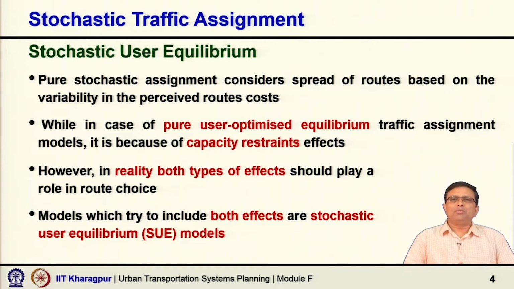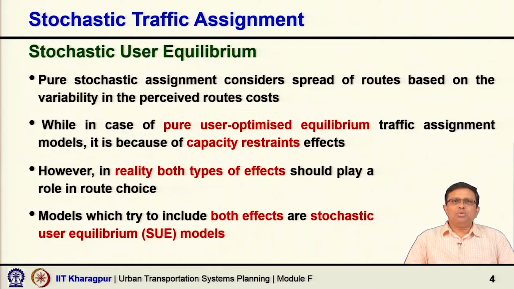Not 100% information is available to everybody, so individuals choose routes based on their perceived travel time. Pure stochastic assignment considers the spread of routes to account for this variability in the perceived travel time.